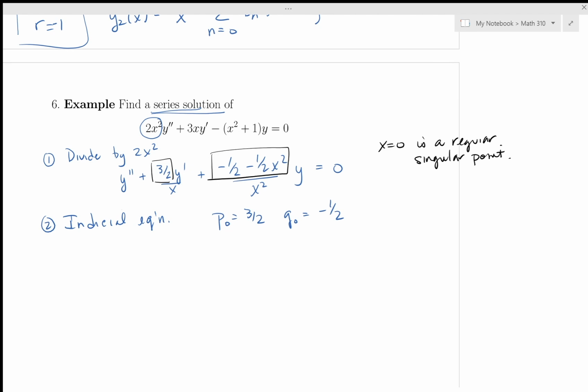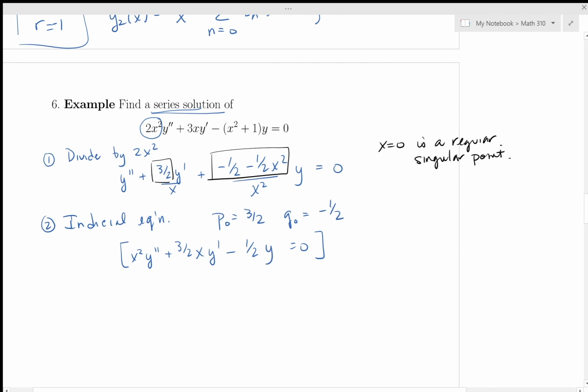I don't necessarily have to write this out every time, but just so that we're clear, that allows me to be thinking along these lines: x squared y double prime plus 3/2 x y prime minus 1/2 y equals 0.